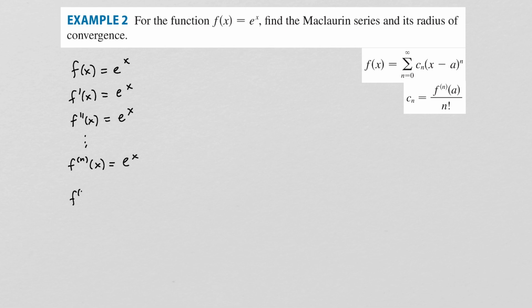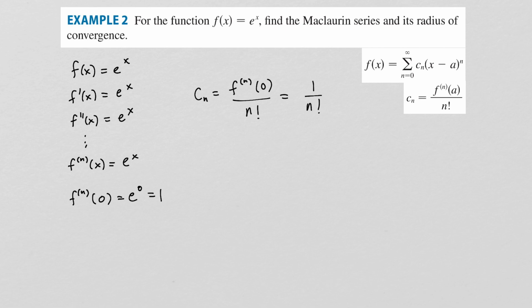So when I take that nth derivative and I plug in a equals 0, we are going to get e to the 0, which is equal to 1. And now our Cn's are defined to be the nth derivative at 0 divided by n factorial. But the nth derivative at 0 is 1, and so our Cn's in this case are going to be 1 over n factorial.